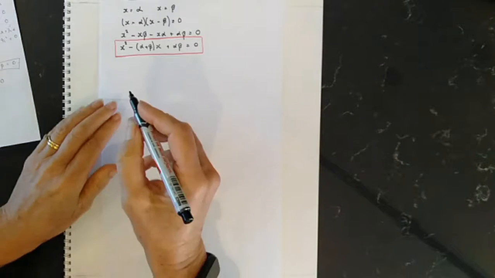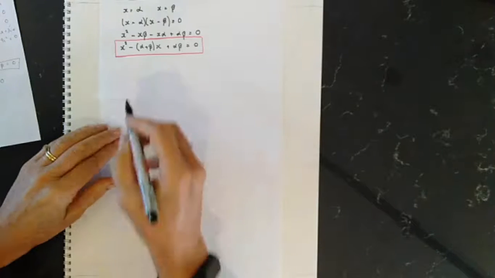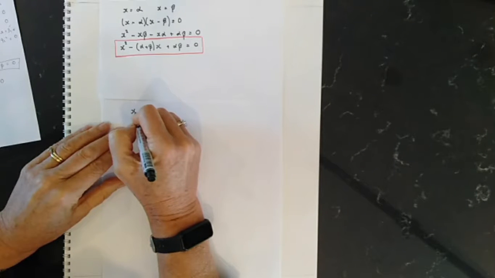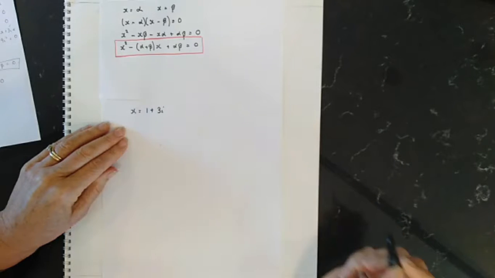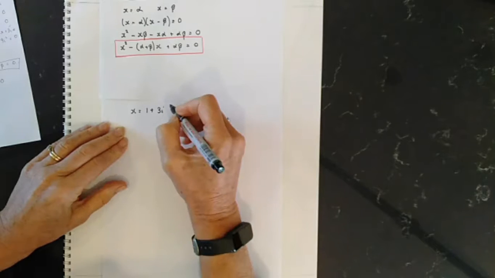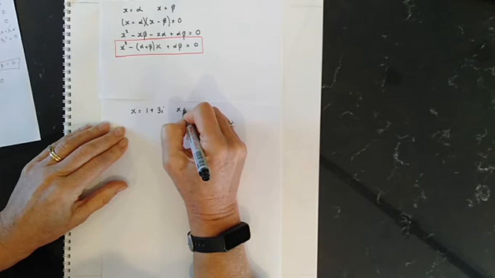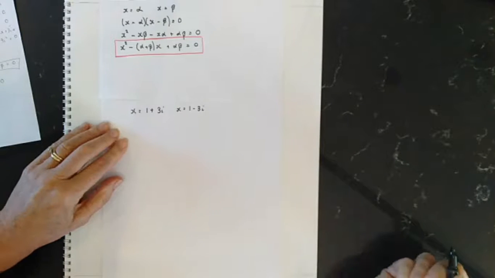So if I start out with x equals 1 plus 3i as a root of a quadratic, then you should be able to tell me that the other root is going to be 1 minus 3i because they are conjugate pairs.